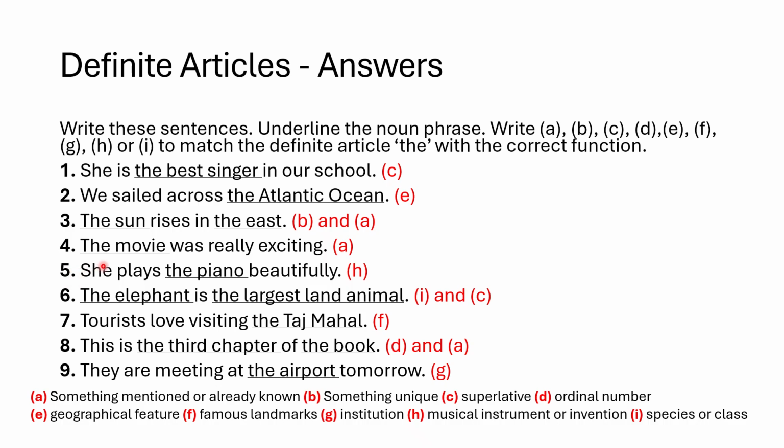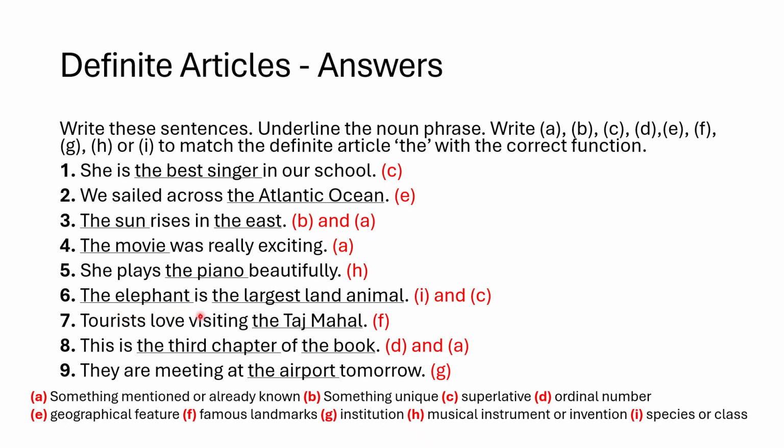4. The movie was really exciting. You should have underlined the movie. The is showing something mentioned or already known. 5. She plays the piano beautifully. You should have underlined the piano. The is showing a musical instrument. 6.